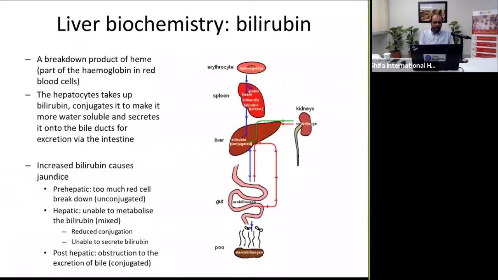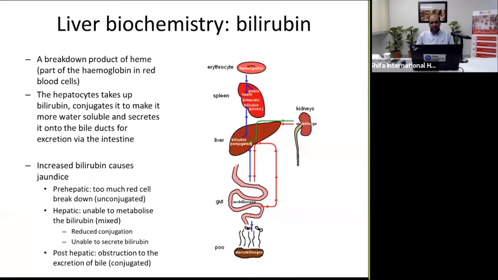So going back to medical college, as we know, bilirubin is produced after the breakdown of red blood cells. The red blood cells are broken down and bilirubin is formed, which will be converted into different forms in the spleen, taken to the liver, and processed in the liver from toxic to non-toxic form.